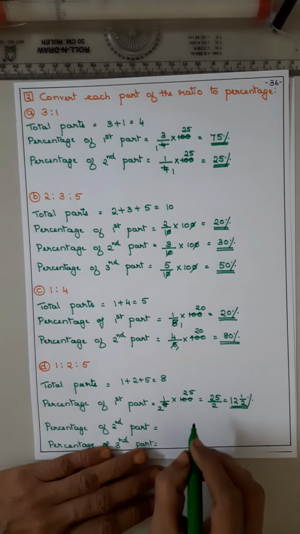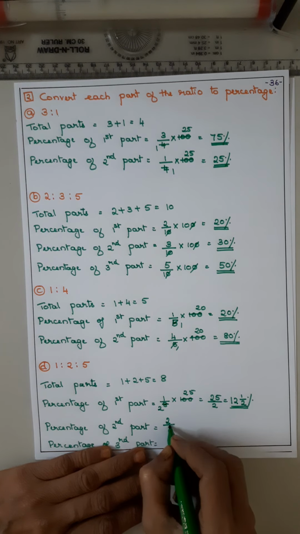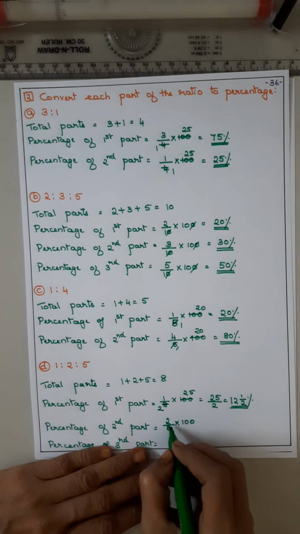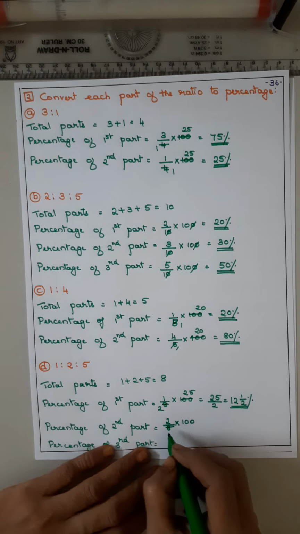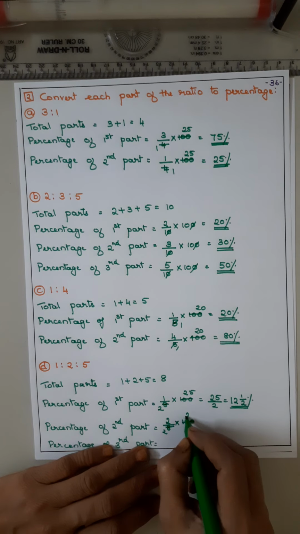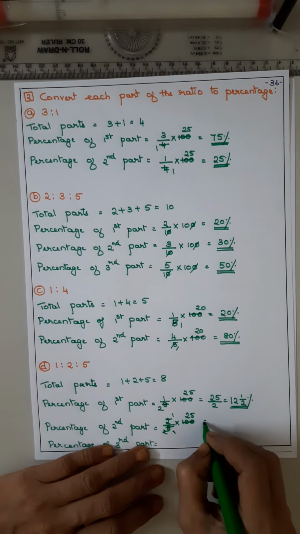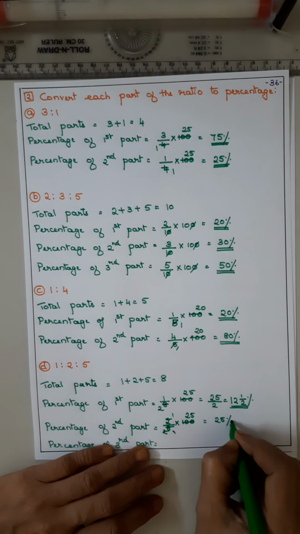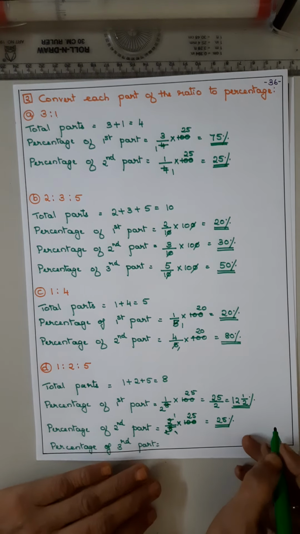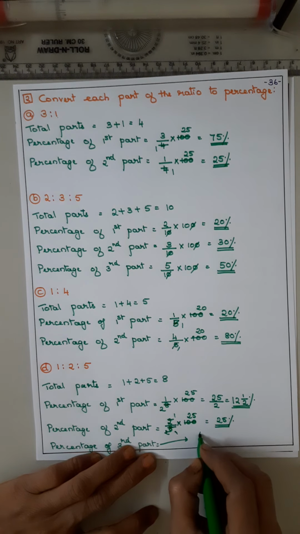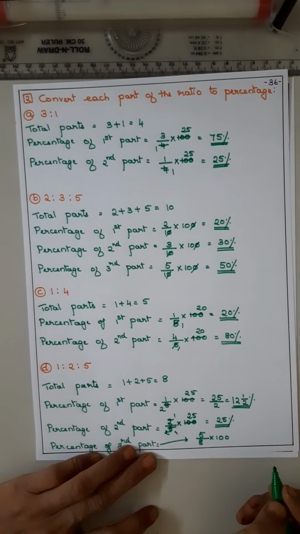Now second part, it is 2 by 8 into 100. It is 4 2s, 4 25s, 2 1s, 2 1s. So you got it is 25%.